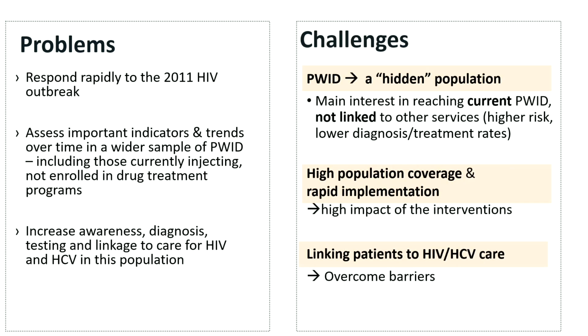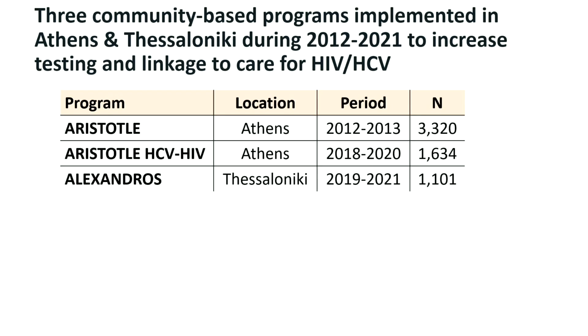So the challenges were, first of all, to reach this population of high risk people who inject drugs who are not linked to other services and have a high risk of infection, transmission, low diagnosis and treatment rates. We wanted to have a very high impact, so we wanted a high population coverage and rapid implementation, and also we wanted to have this linkage to care component. So we implemented 3 programs, 2 in Athens, Aristotle in 2012, Aristotle HIV in Athens in 2018, and a third one recently during the pandemic in Thessaloniki, the second largest city, Alexandros.